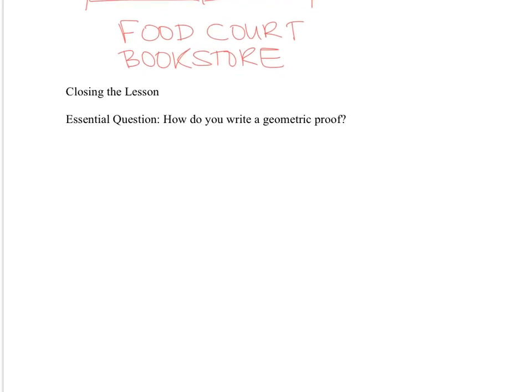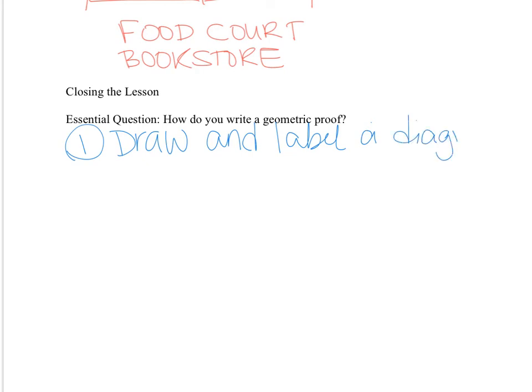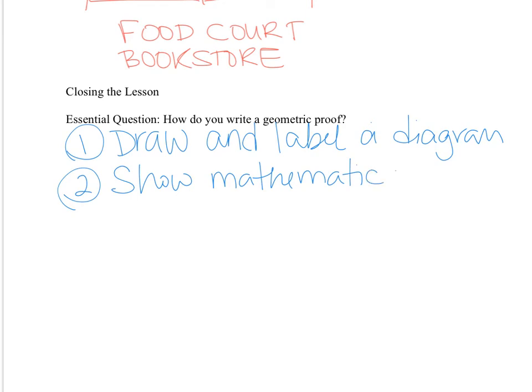So how do we write a geometric proof? Well, the first thing we're going to do is draw and label a diagram, or make sure the diagram provided to you is labeled. Show mathematical relationships in the diagram.